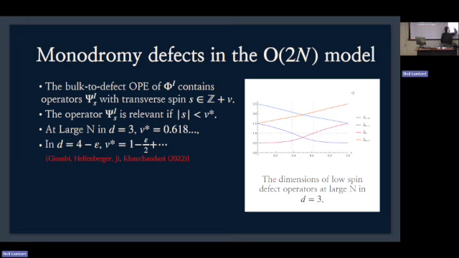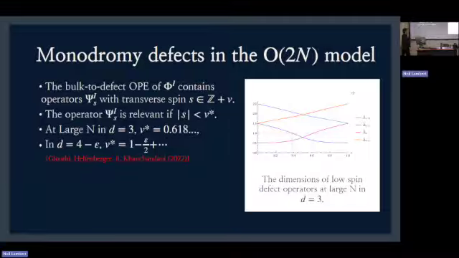So you have a spin v operator, which is relevant for v less than some parameter, which at large N in d equals 3 is roughly 0.618. And you've also got an operator with spin v minus 1, which is relevant for v greater than 1 minus that.